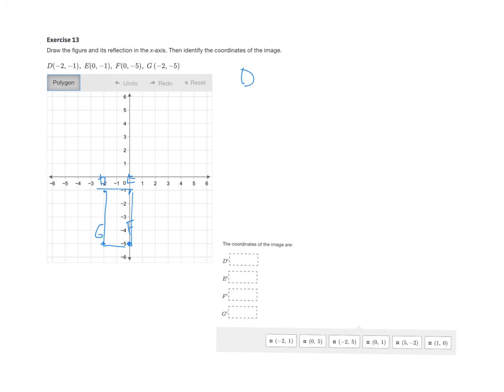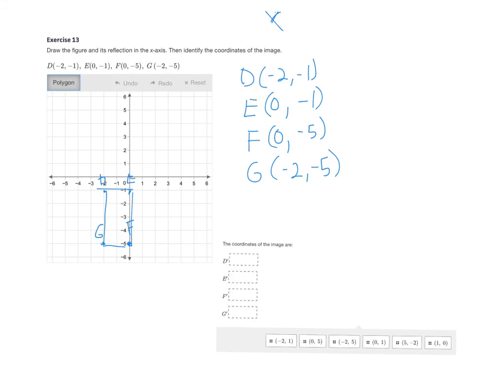So let's change it now. We've got D is -2, -1. E is 0, -1. F is 0, -5. G is -2, -5. And we're going to put it through the exact same rule, which is when you reflect over the x-axis, x is going to stay the same. However, we're going to take the opposite of y.